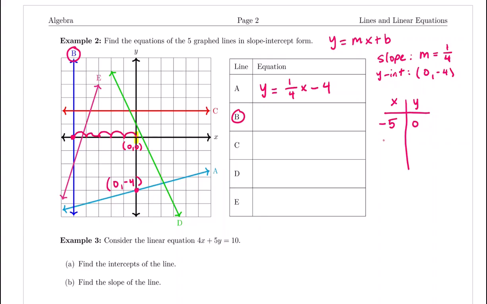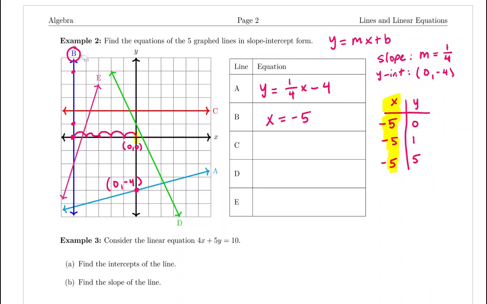And then we have another ordered pair I can identify as negative 5, comma 1, and negative 5, maybe 1, 2, 3, 4, 5. So the pattern in this xy table is that all of the x values are the same. So I have here the equation of my line is x equals negative 5. So whenever you have a vertical line, the equation of a vertical line is x equals and then some number.